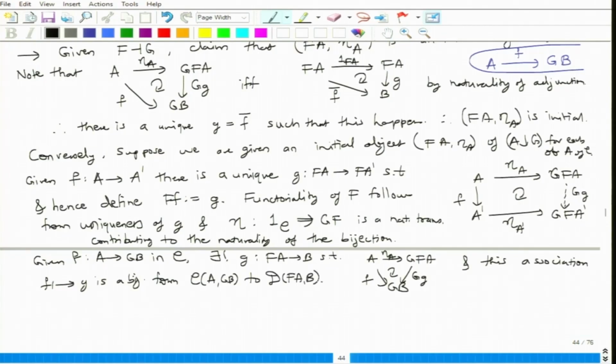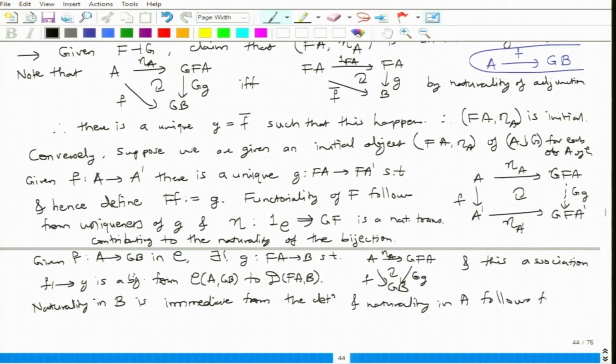Okay, naturality in B is immediate from the definition. Yeah, that's how we have done it. And naturality in A follows from naturality of eta.